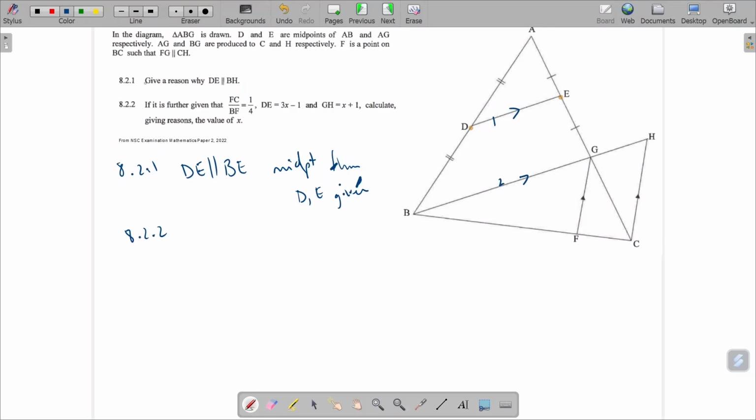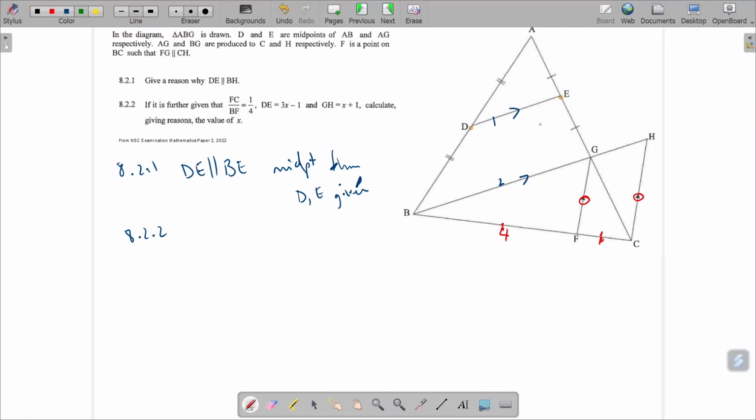Okay, we're now further given that the side FC in proportion to BF, so FC over here at the bottom, in proportion to BF, is in the proportion of 1:4. Okay, what does this mean for us? Well, it means that because these lines here are parallel, we know the proportion on the far side of this diagram.